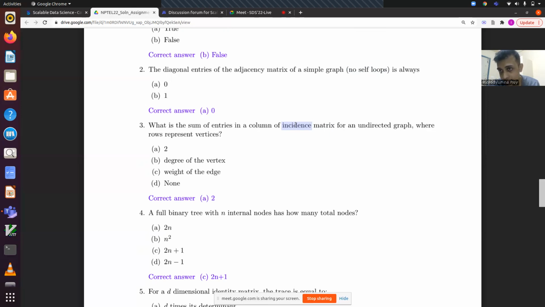That means in the row corresponding to node 1, there will be 3 ones somewhere. So basically my incidence matrix is telling, for each node, which of the edges are related to this node. The proper term is incident on this node. So that's why it's called the incidence matrix.